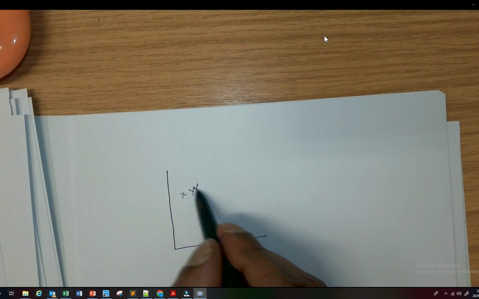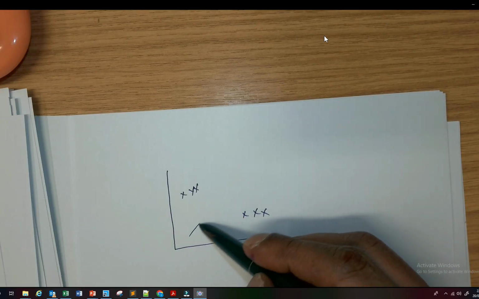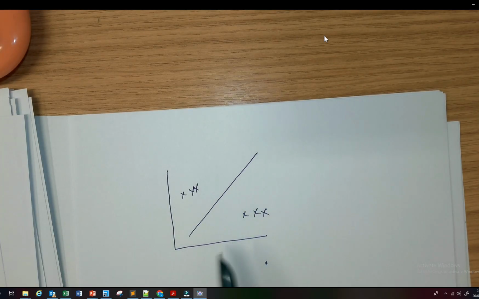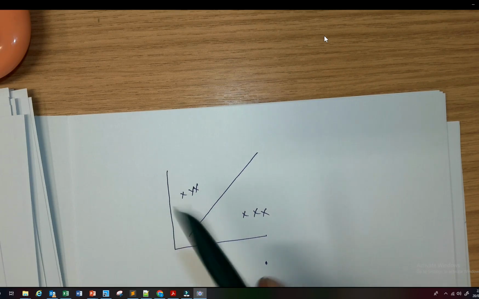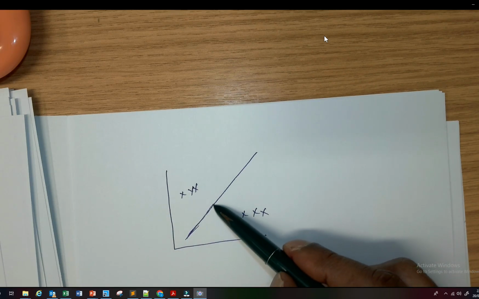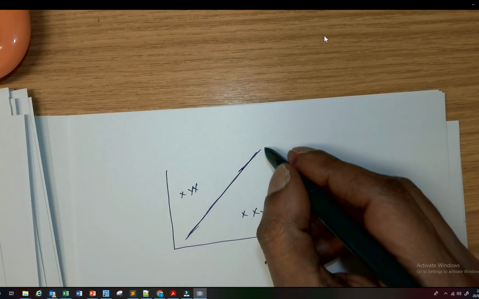Let's say we have two-dimensional data, with some points here. If you want to separate these two categories, you draw a hyperplane, isn't it? In this case, if you have a two-dimensional space, then the hyperplane is a line. This line is one-dimensional, isn't it?